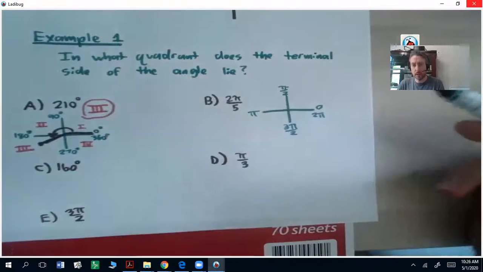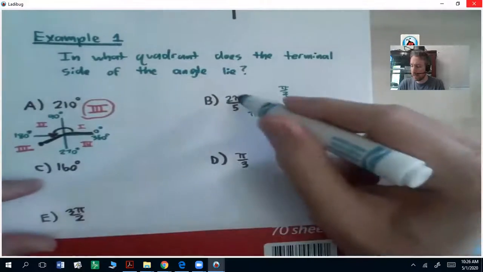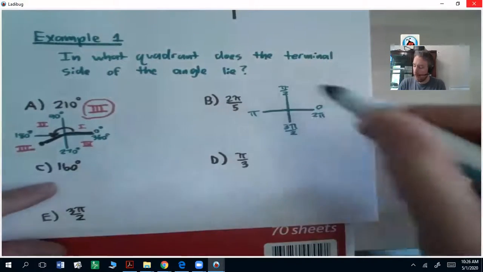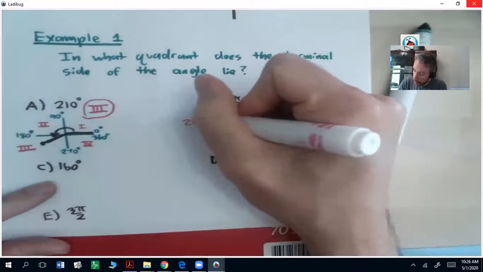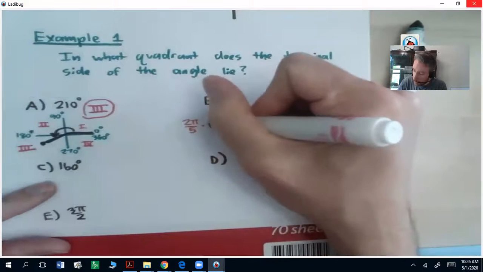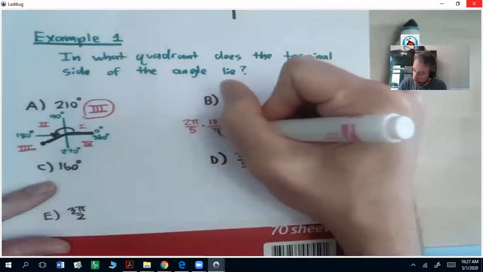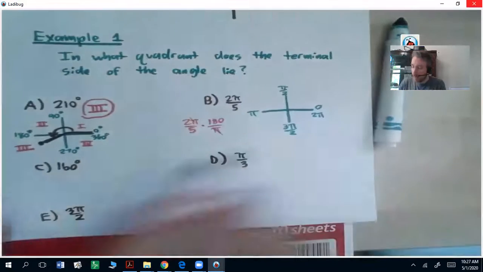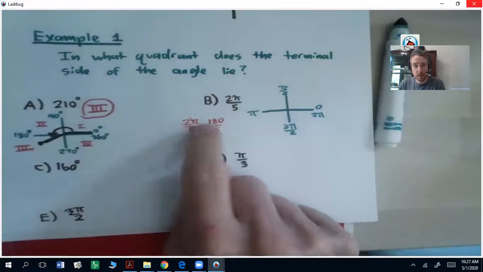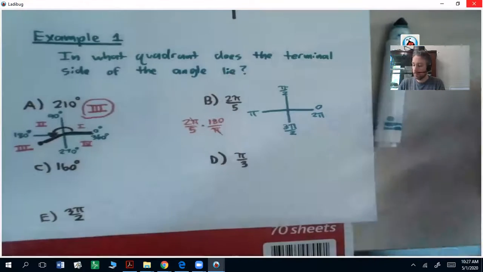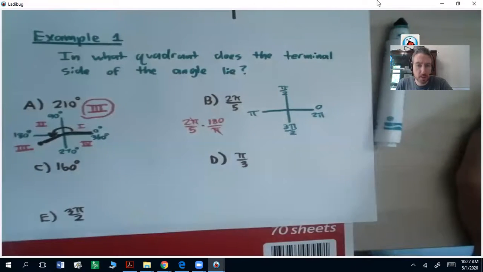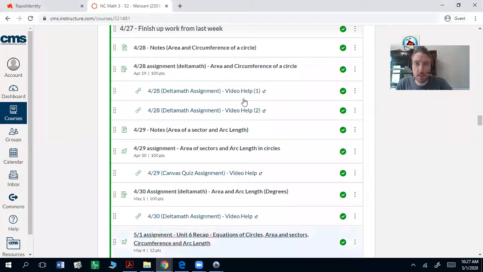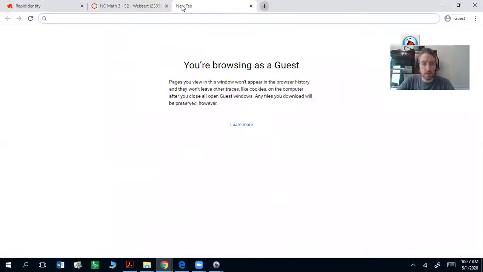But if you're a little bit confused on the fractions, we can take that and convert it to a degree. So in this case I would probably just take the 2 pi over 5 and multiply it by 180 divided by pi. Then you can take your calculator and multiply 2 times 180 divided by 5. And I don't know what that is off the top of my head. So 2 times 180 I know is 360. So let's pull up a Desmos calculator.